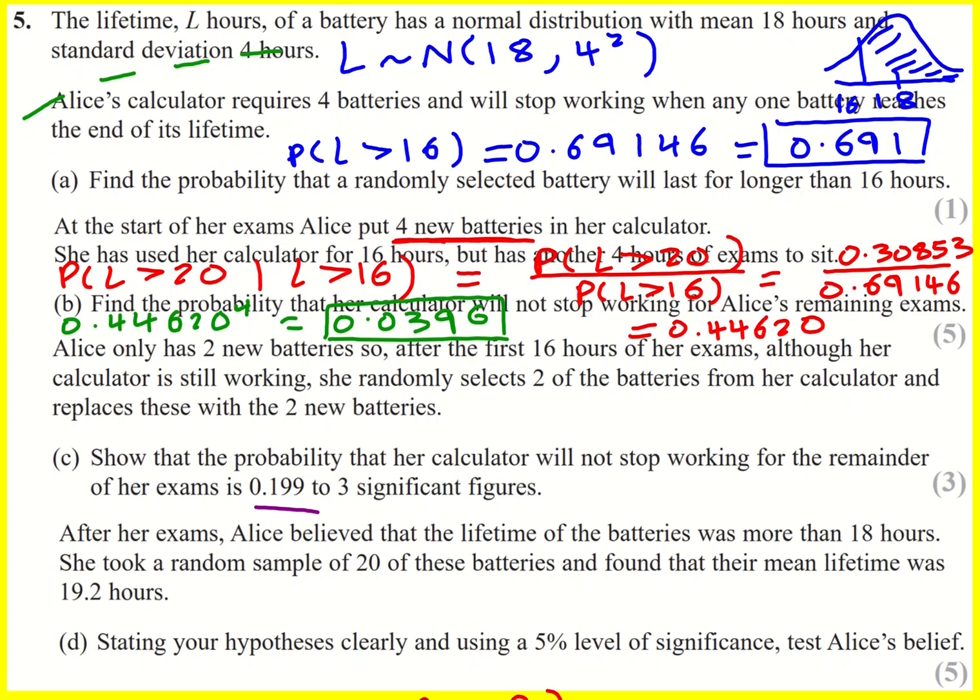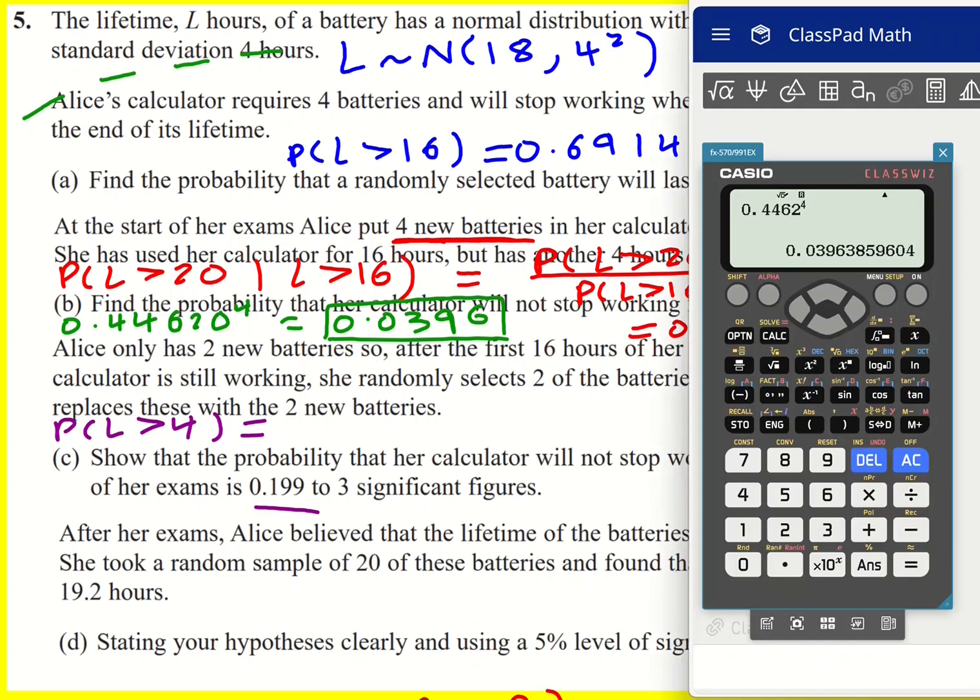We don't need to think about the arrangements here. It's just that two are still there and two have been replaced. And now we need to find out the probability that the two new batteries are going to last the extra 4 hours. So the probability that L is greater than 4. That's what we need here. This is going to be very high because it's very likely to have lasted this long.